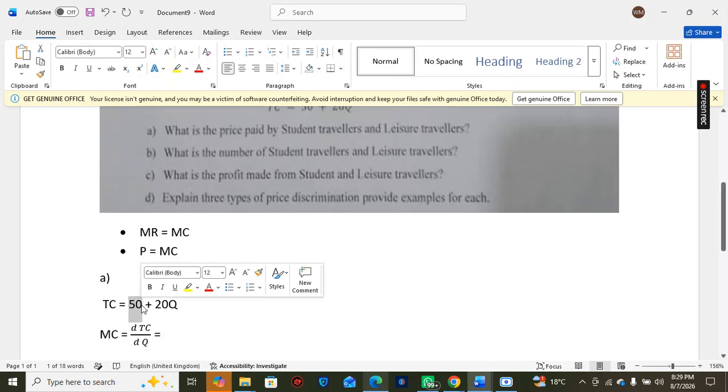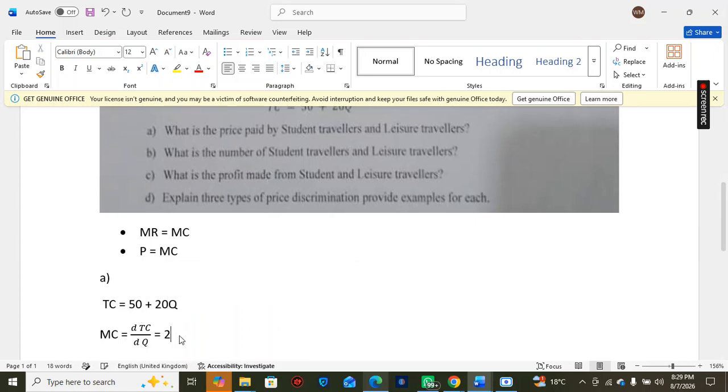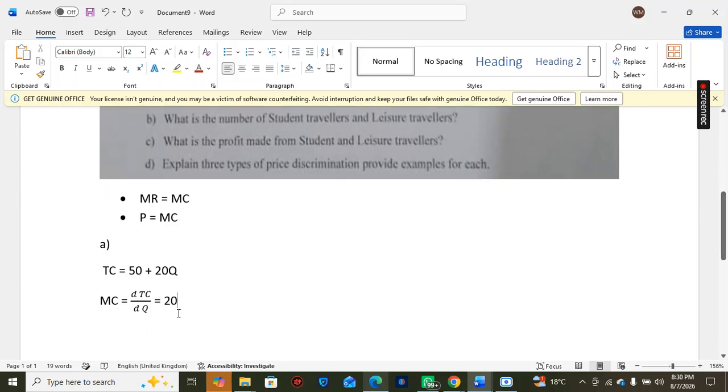When we derive 20Q, we get 20. This is our marginal cost. The extra cost this business incurs when they get a new traveler is 20 kwacha. That's what marginal cost is. For every new traveler we bring in, there is an extra cost of 20 kwacha.